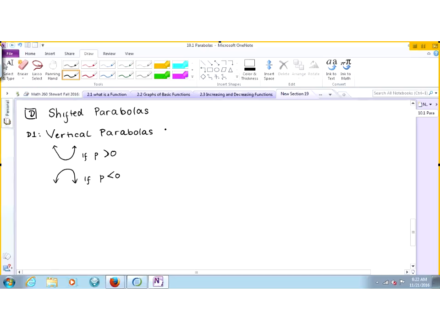Is it x squared or y squared if it is vertical? X squared. So you remember that, right? This is how the shift goes. It's x squared, but we shift it.